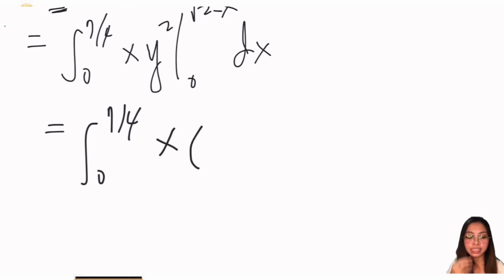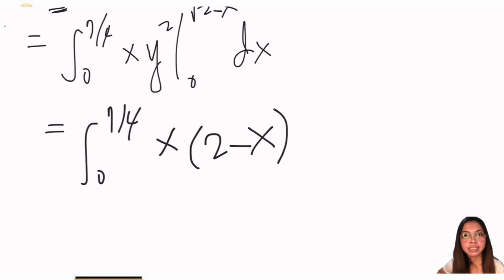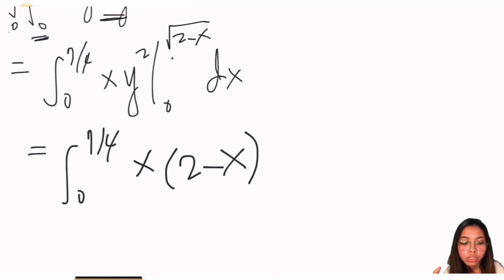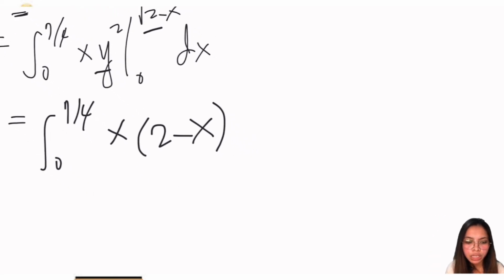And then next step, we plug in the value of y first. The first thing we need to plug in is the upper limit, which is the square root of 2 minus x. Plugging it in, the radical sign will be cancelled. Minus, plug in 0 for y, and it will result in 0.